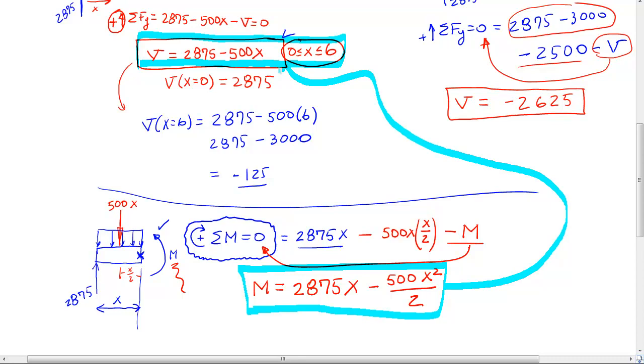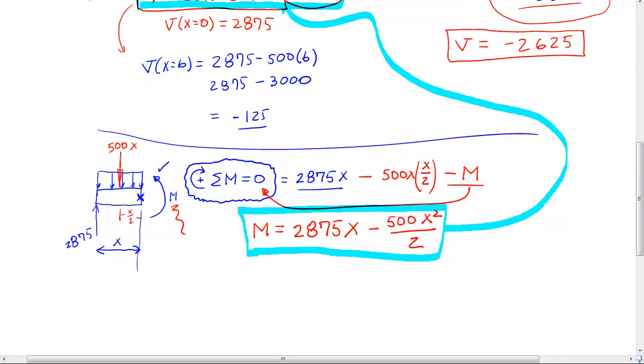If, just say, I decide to randomly do this, and I say, hey, wonder what would happen if I took a derivative of the moment with respect to x, I would get 2875 minus, okay, take derivative of x squared, it's just 2x.